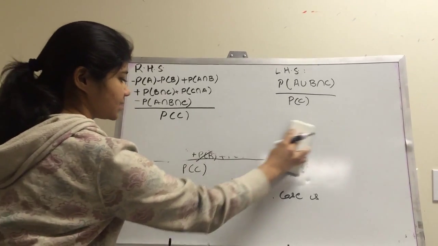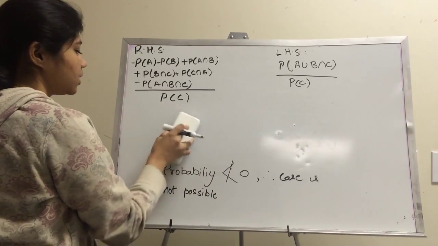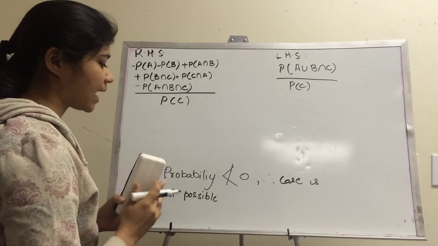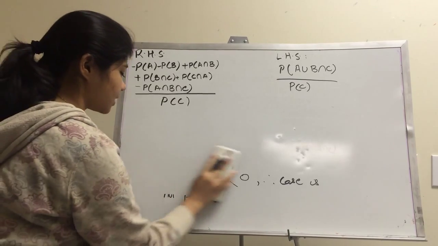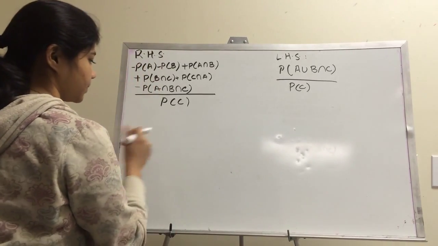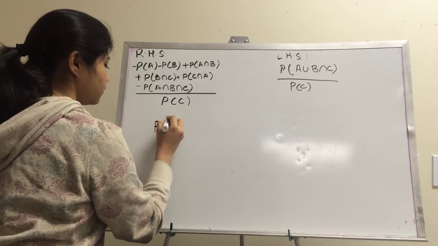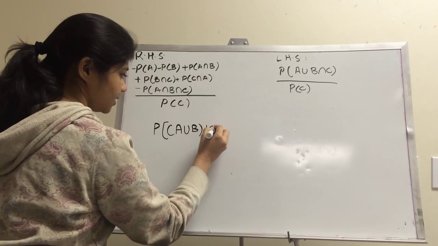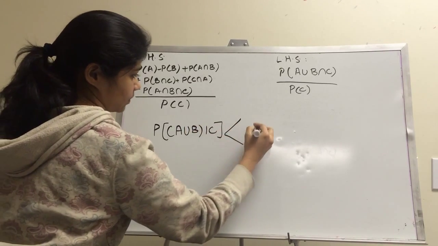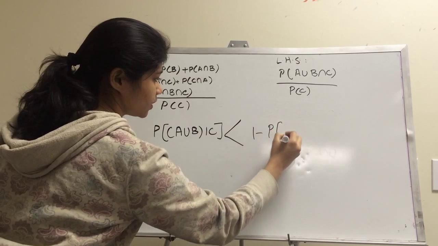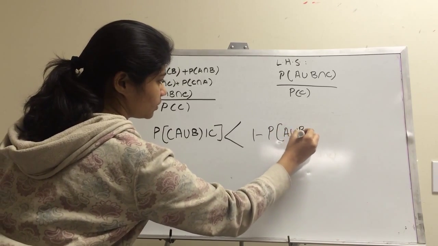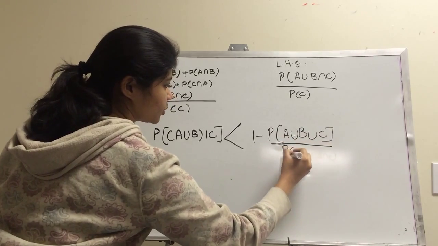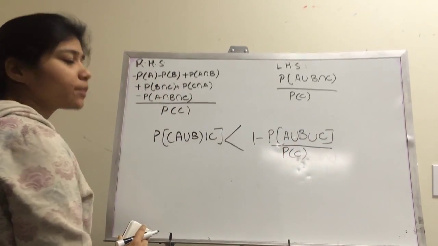So using all these cases and similarly using other cases as well, we came to the conclusion that the assumption that we made earlier, that is probability of A union B given C is less than 1 minus probability of A union B union C upon probability of C, is not possible.